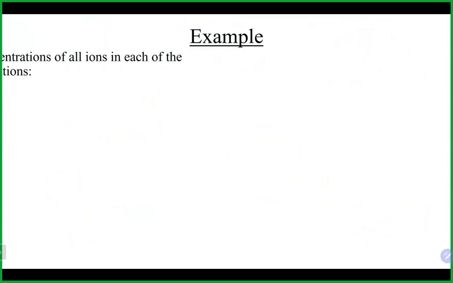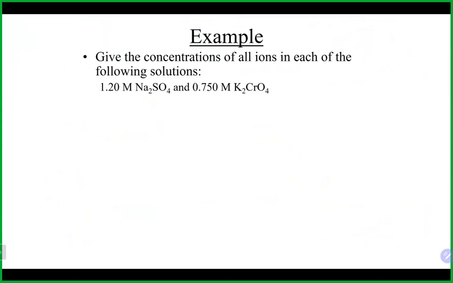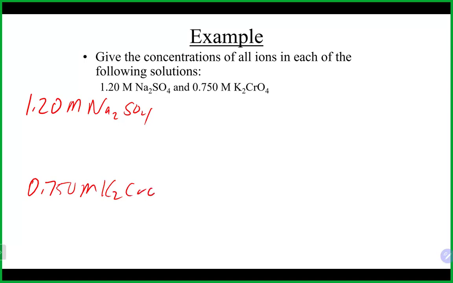Another topic we talked about last time was the idea, especially with ionic compounds, of the concentration of just the ions. So if we have a solution of an ionic compound like sodium sulfate and 0.75 molar potassium chromate.